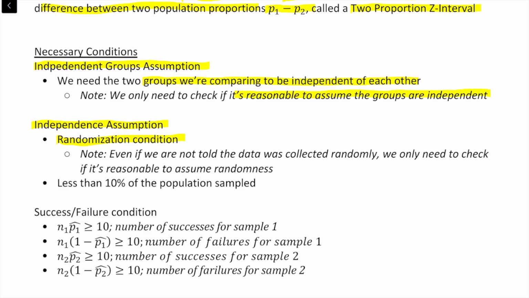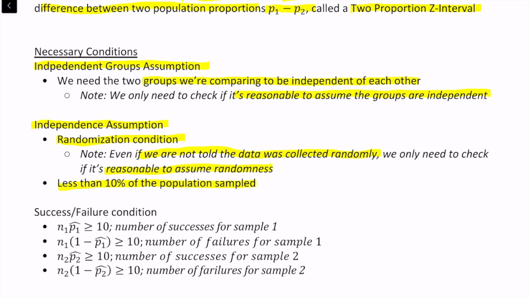Once again, even if we are not explicitly told that the data was collected randomly, we only have to check that it's reasonable to assume randomness. Second, we need to make sure that we sample less than 10% of the population. So we have independent groups, the randomization condition, and less than 10% of the population sampled.